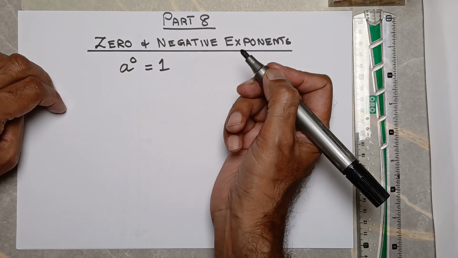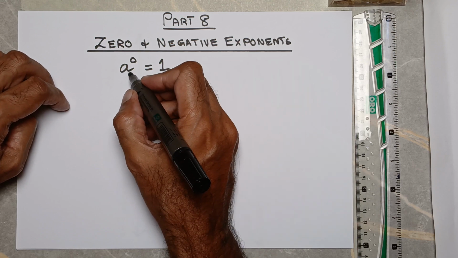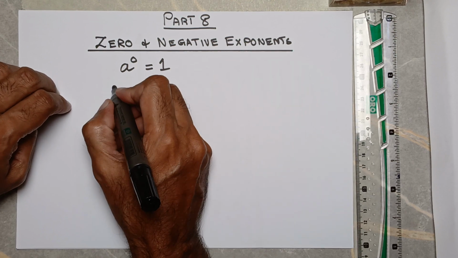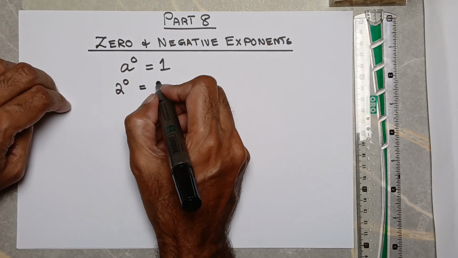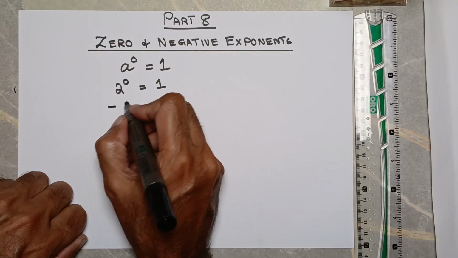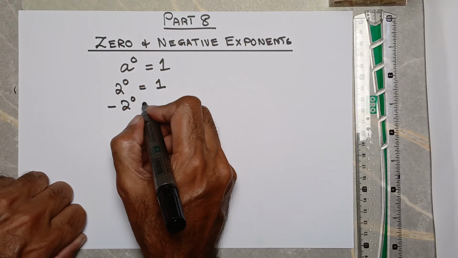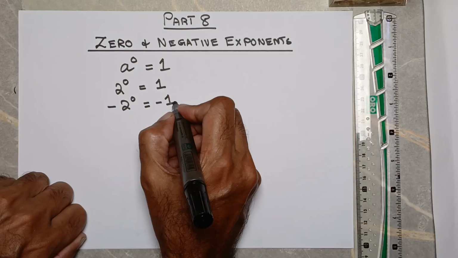Let me give you certain examples so that you can have a clear idea about the concept of the zero exponent. Suppose it is written 2 raised to the power 0, it means it is equal to 1. But if it is written minus 2 raised to the power 0, that means it is equal to minus 1. Why?